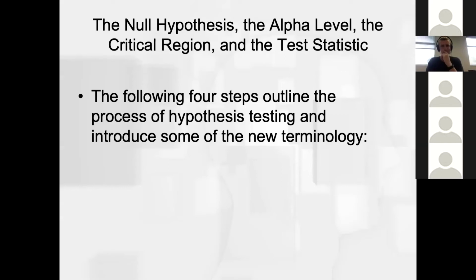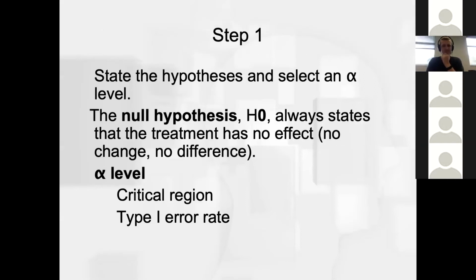All right, so we're going to use 4 different steps in the process of hypothesis testing, and some of it's going to be new terminology. So step 1, we're going to state the hypotheses and select an alpha level. This thing over here that looks like a fish, we call that our alpha.